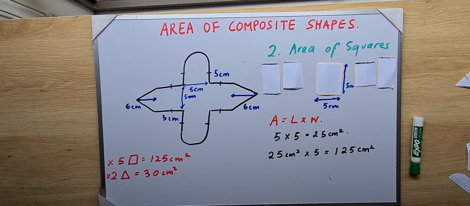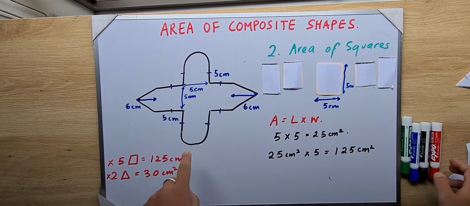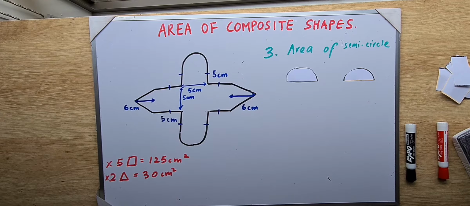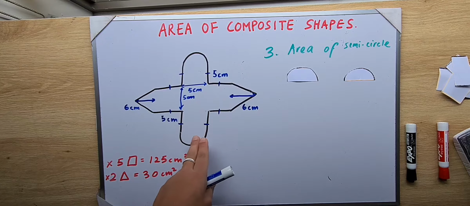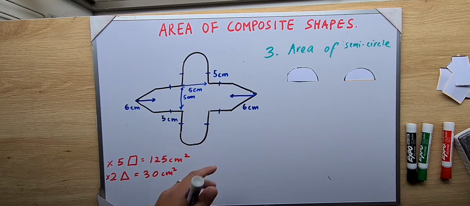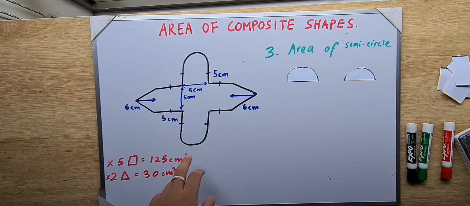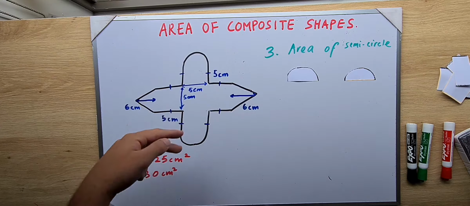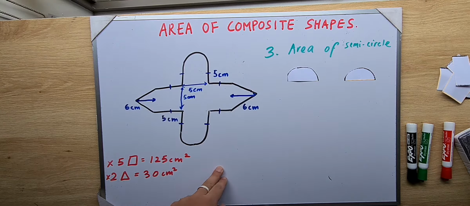Now we're going to move on to the last shape, which are our 2 semicircles. Looking at our composite shape, in order to calculate the area of a semicircle, we need to know its radius, and so we're given enough information in our shape to determine its radius.